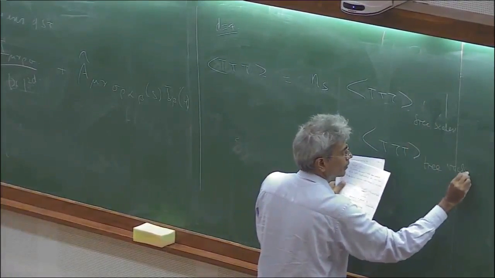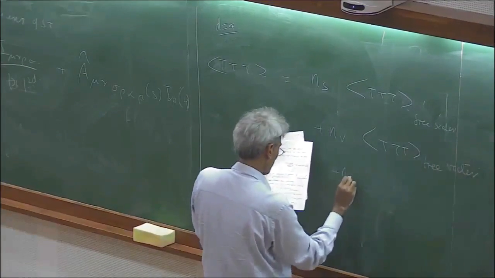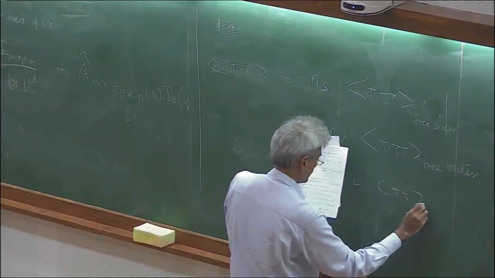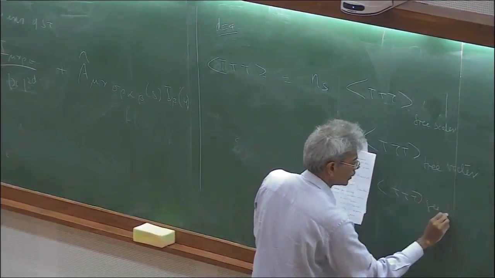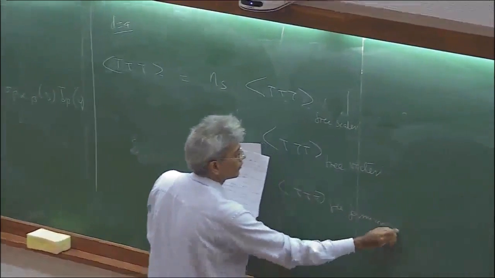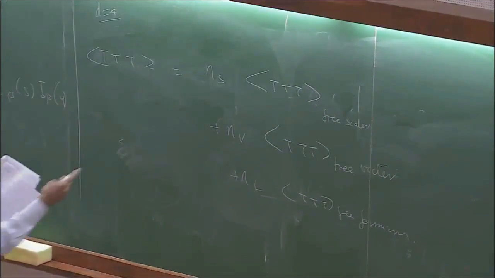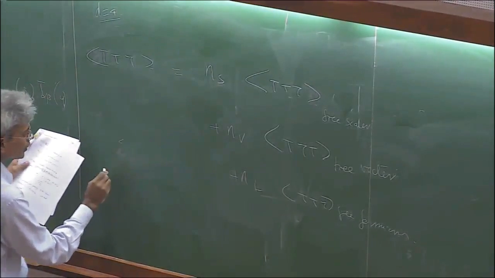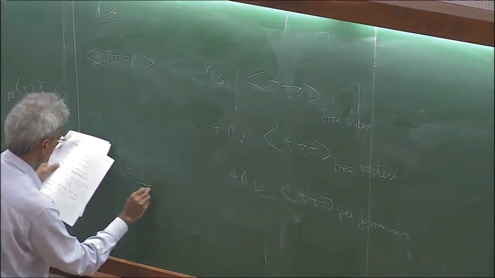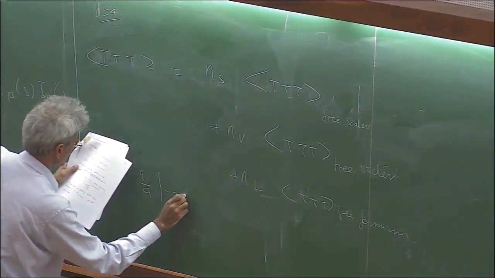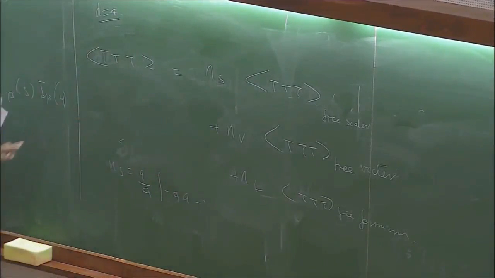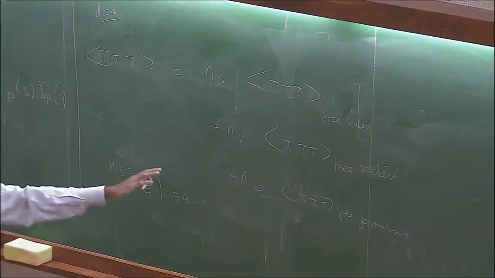Free vectors plus N_f free fermions. And in fact, the coefficients we'll be using are something related to N_s. So they call them A, B, C. So any 3-point function of any conformal field theory in D equals 4, for instance, can be decomposed like this.